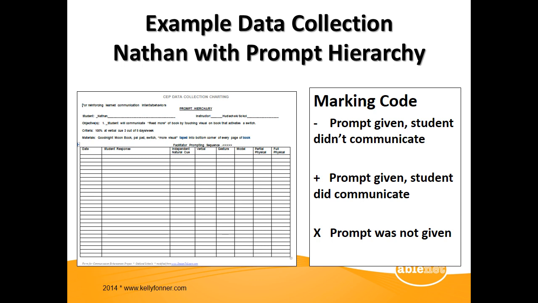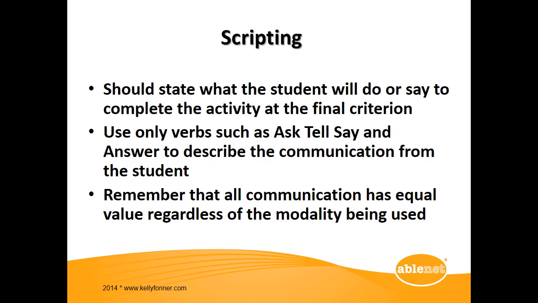We can't give that against the student. It wasn't the student's fault that an adult forgot to give a prompt. And so on the scoring sheet, what we do is an X. So if an adult skipped over the gesture and went right to a model, we'll put an X on there, and that gives you some feedback for the adult. All right?